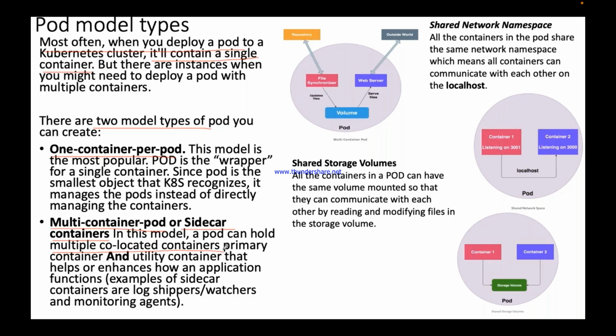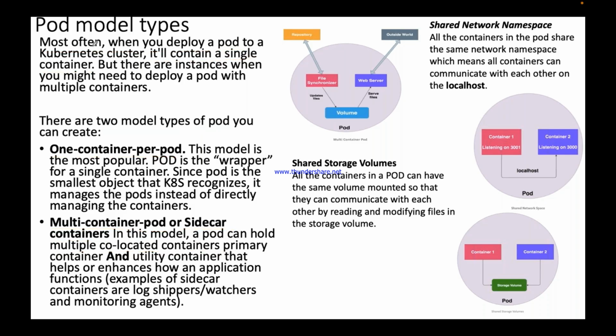Yes. But here, what is the use case? What type of use cases will we go with sidecar for? The name itself says sidecar. What is the meaning of sidecar? Or helper. We can call it a helper. Sidecar or helper. What type of use case? Let me tell you.